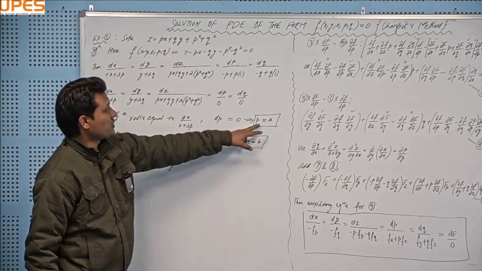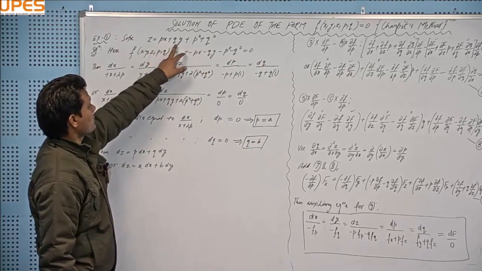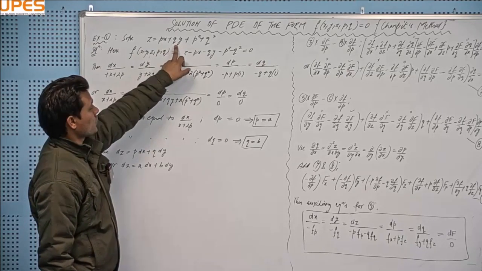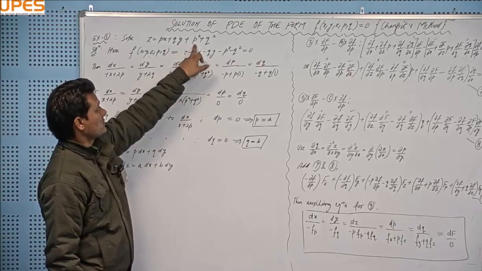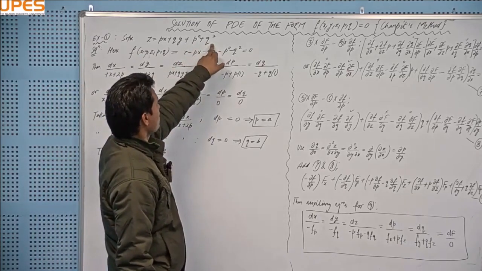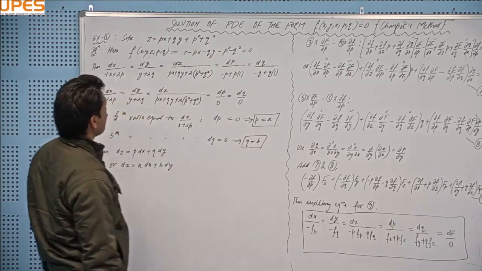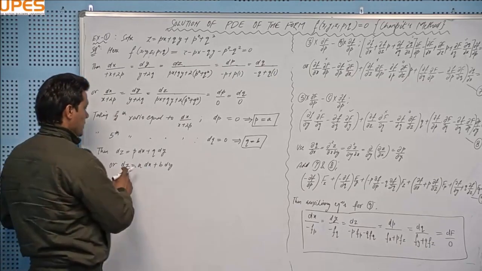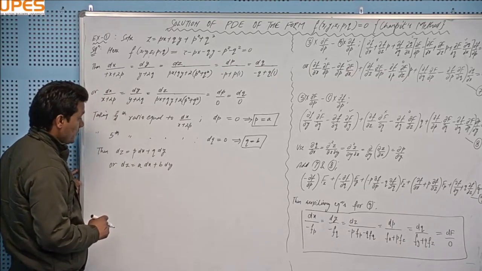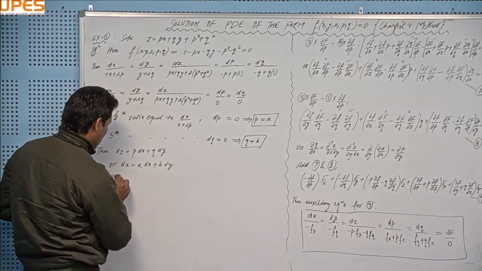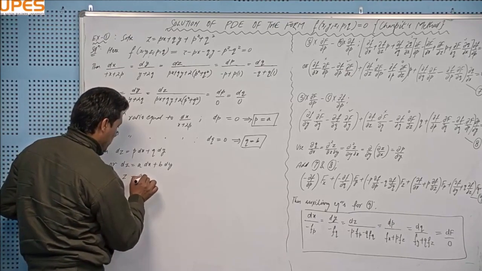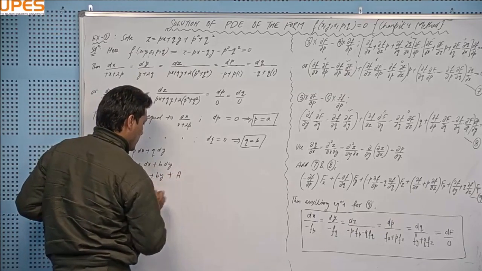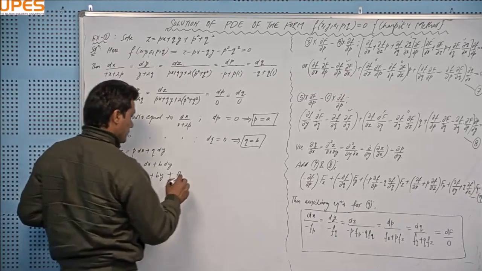But if I substitute p equal to a here, ax plus qy, and then a square plus q square, can I obtain q from there? That will be in terms of y. Okay, that's fine, leave that. And dz equal to a dx plus b dy, then on integrating I will get z equal to ax plus by plus another constant, let it be capital A, right?